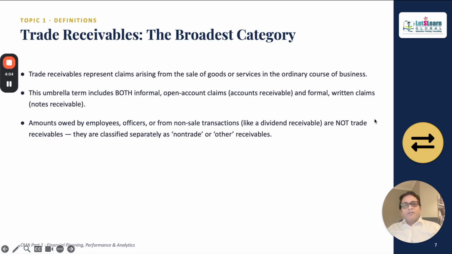Non-trade receivable is a receivable which arises not from the trade activities. It is a non-trade activity. Meaning, this is not the receivable owed by someone by selling our goods or services. It is from non-trade activities. For example, we gave a loan to a subsidiary company.